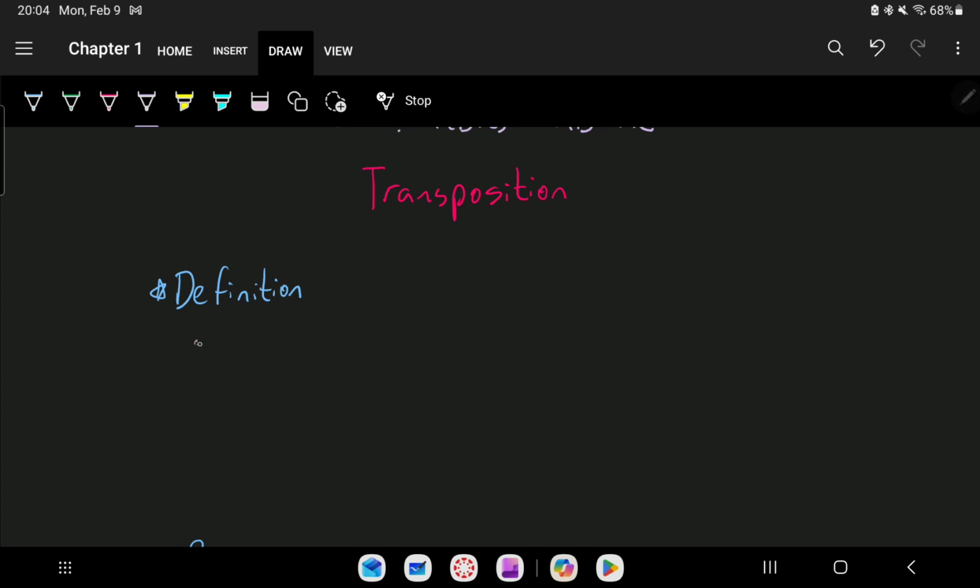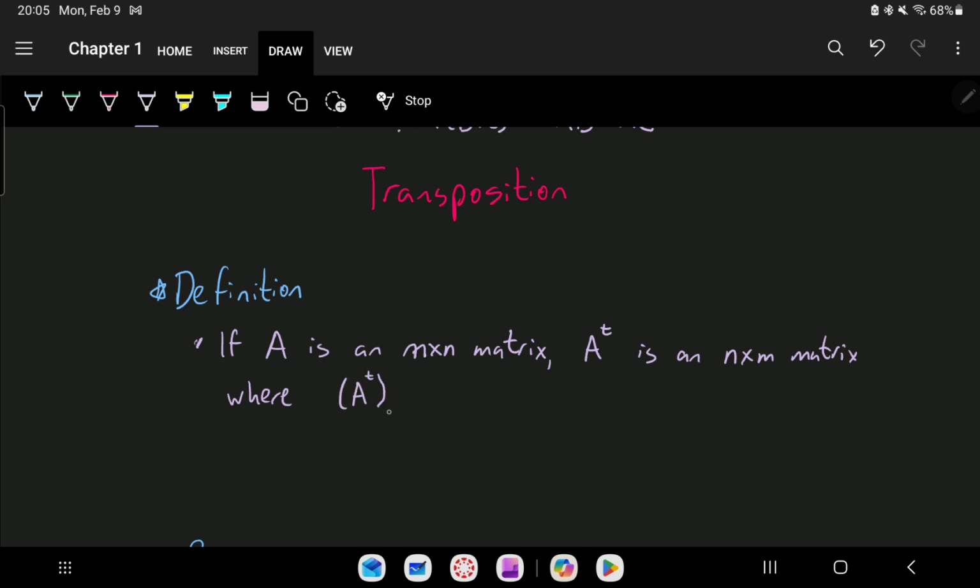Basically, the definition: if we have A being an m by n matrix, then the transpose of A, or A transpose, which is usually marked with A with a superscript of T, is an n by m matrix, where the ijth term of A transpose is equal to the jith term of A.